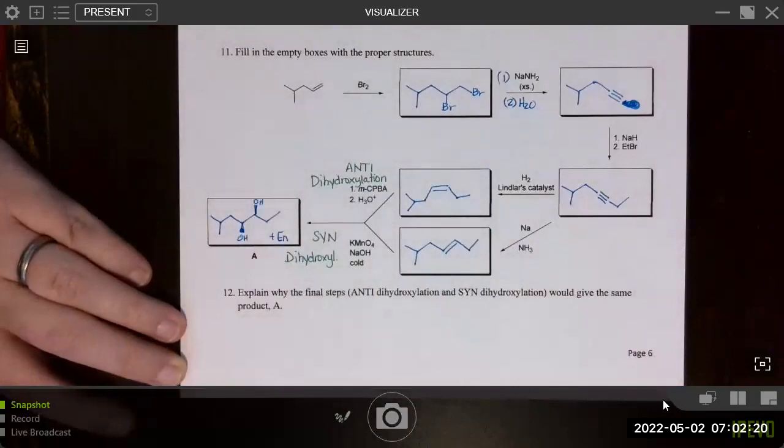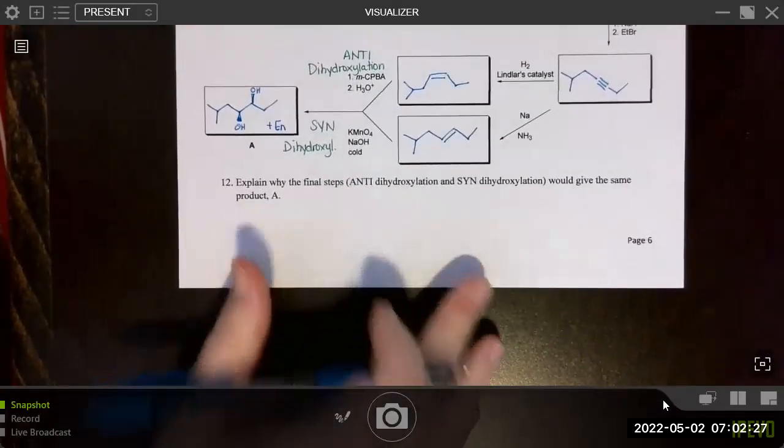All right, so then it says explain why the final steps give the same product. So let's go ahead and do that.